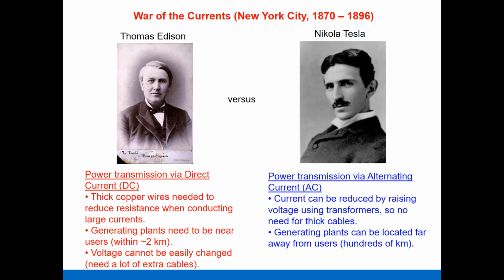So why is Nikola's system better? One, because you can step up the voltage, the current can be reduced. The current can be reduced regardless of the resistance of the cables. You can reduce the power losses. The second thing is that because your wires can be very, very long, your plants can be very, very far away.